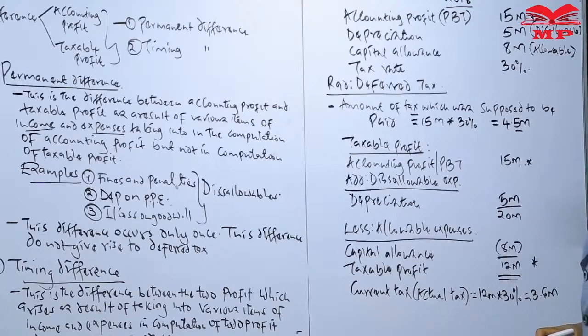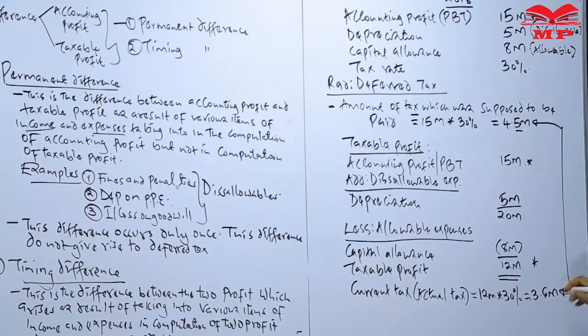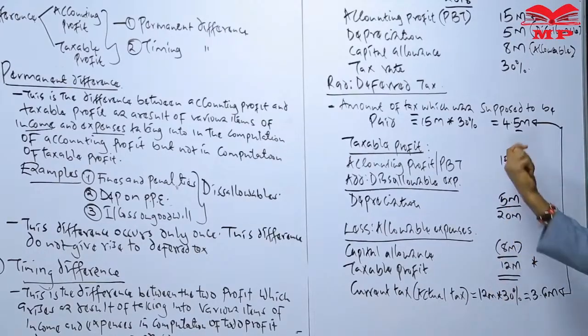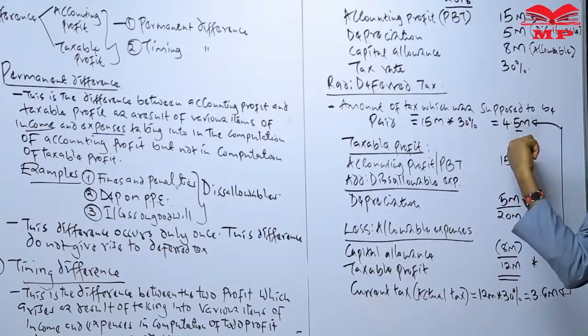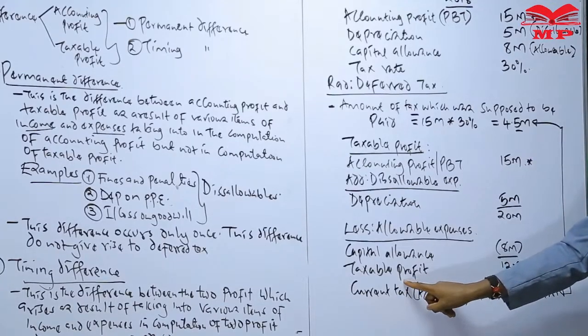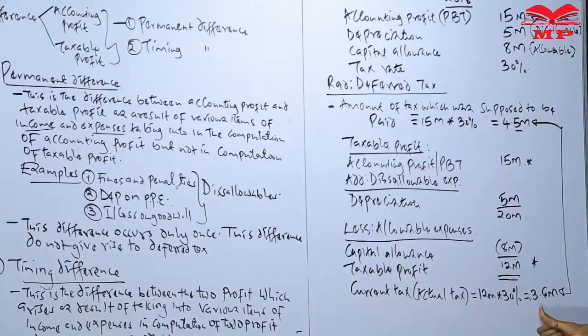So if we compare those two taxes, we have said that in the year 2018, based on the profit reported, the company was supposed to pay a tax of 4.5, but that is not the actual amount of tax which will be paid, because the actual tax should always be based on the taxable profit, meaning that the actual amount of tax which the company will pay to the tax authority or the government is 3.6.